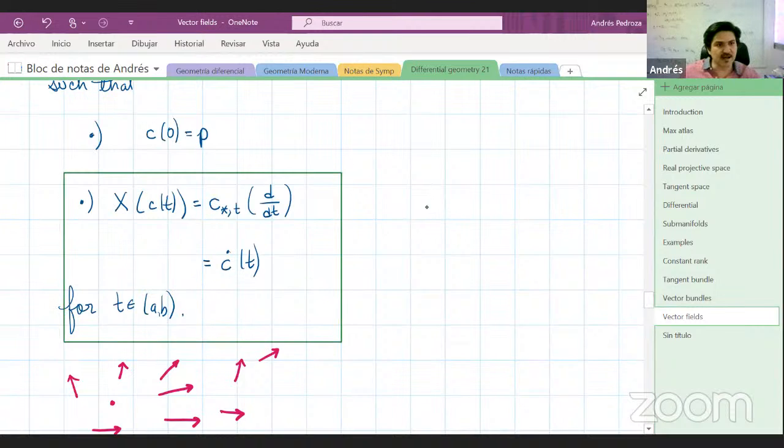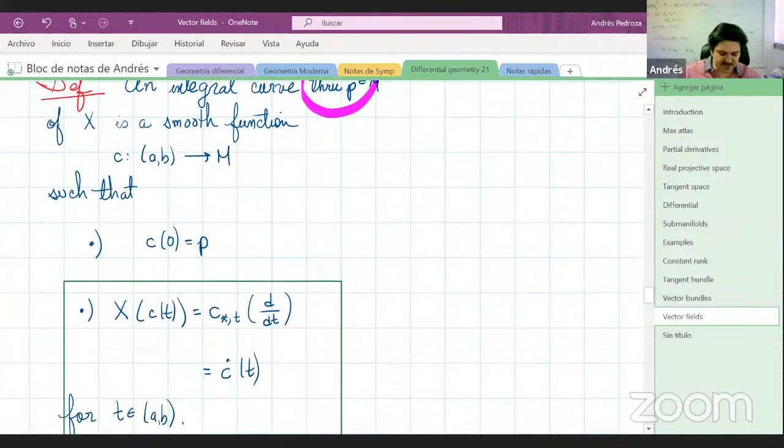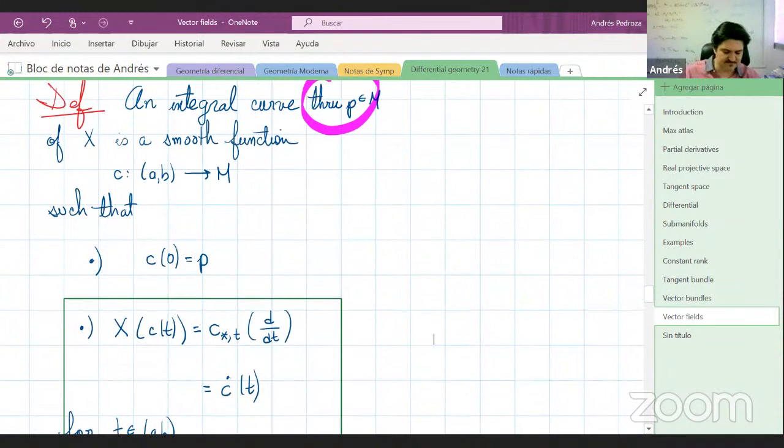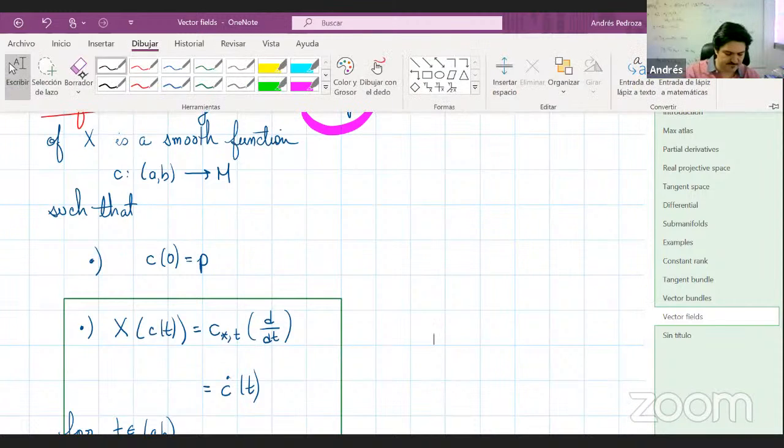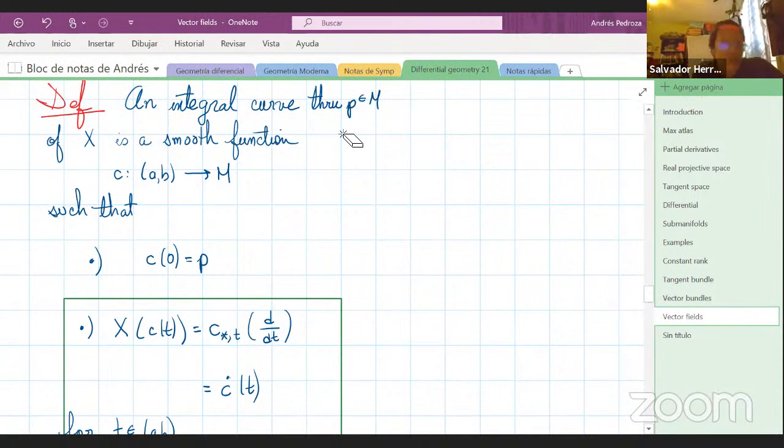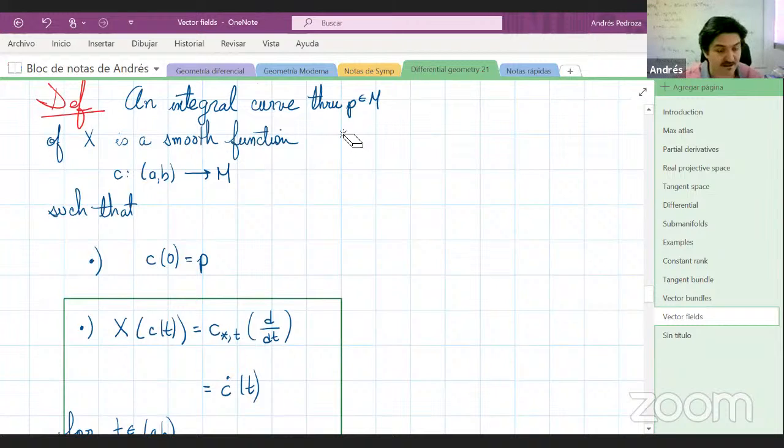I don't know if you have seen this before, Salvador? The integral curves? I'm sorry? The integral curves? Yes.